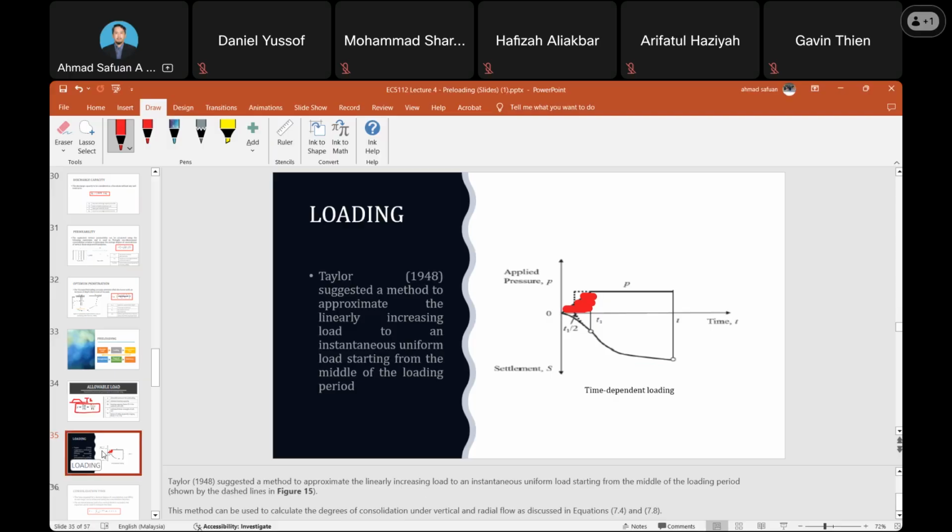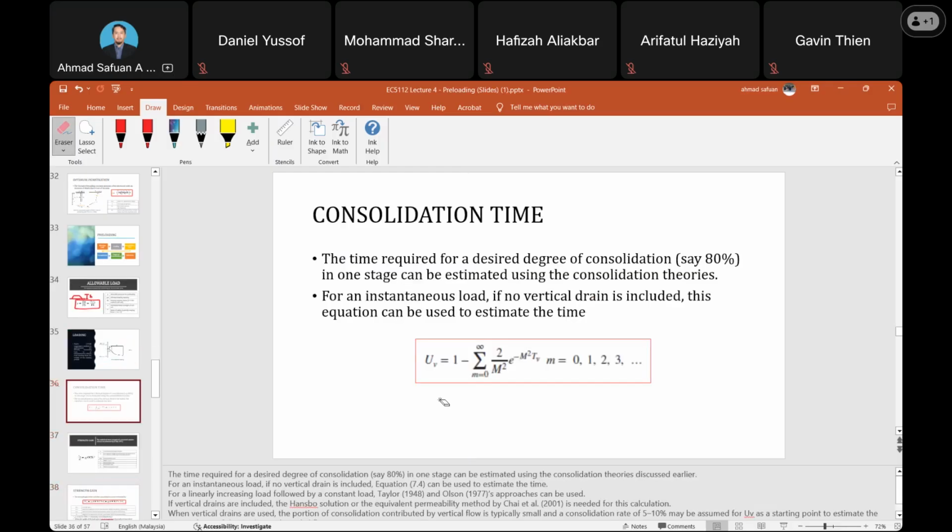All right. So later on we will look at an example of how to use these stage construction methods. The time required for a desired degree of consolidation, usually 80% in one stage, can be estimated using the consolidation theory.